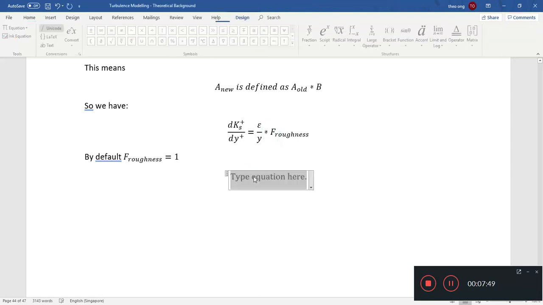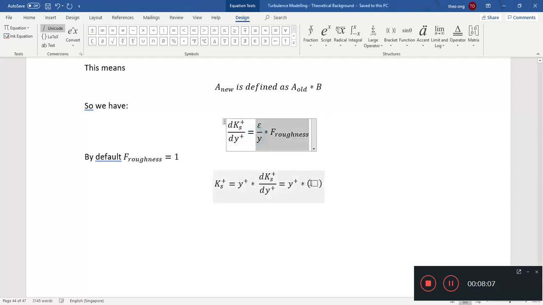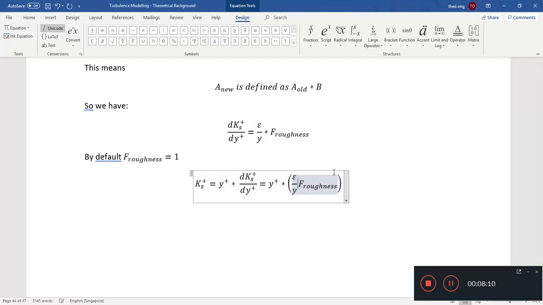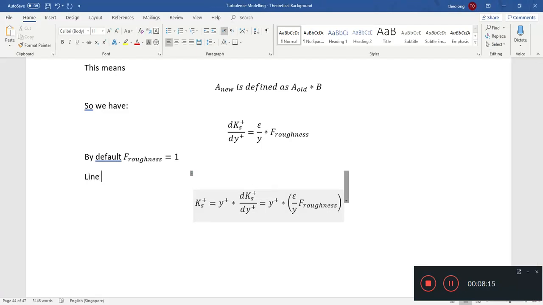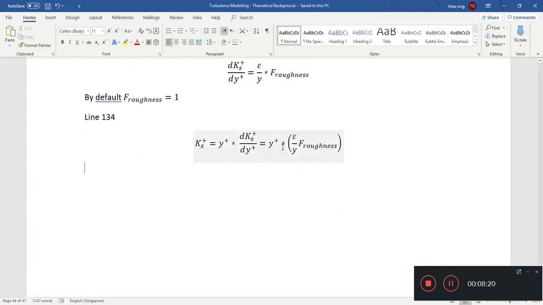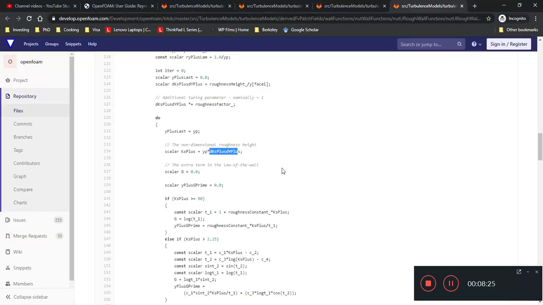So ks plus equals to y plus times dks plus dy plus equals to y plus times the whole lot over here. That is what the code is saying. Alright, this is at line 134. So that's all the code is saying. I can take away the times just to make it more compact. Alright, so that's ks plus.